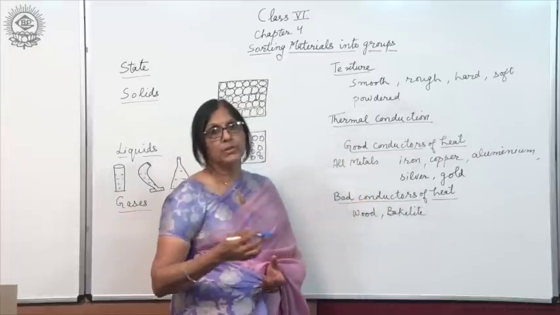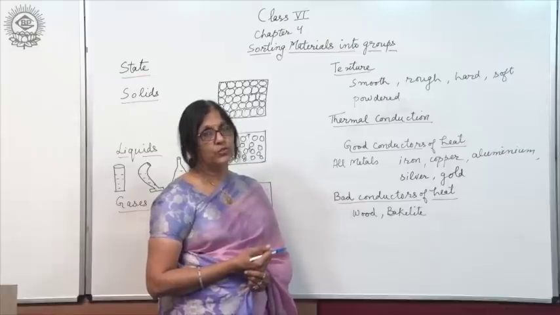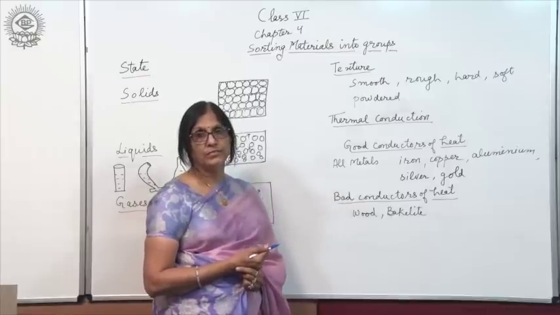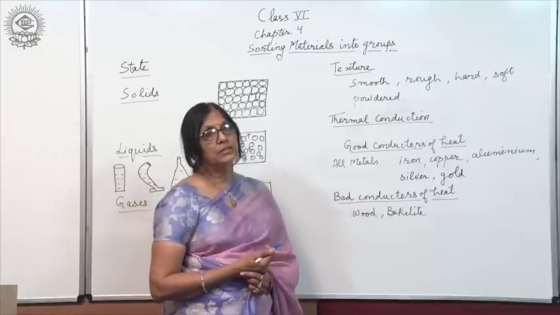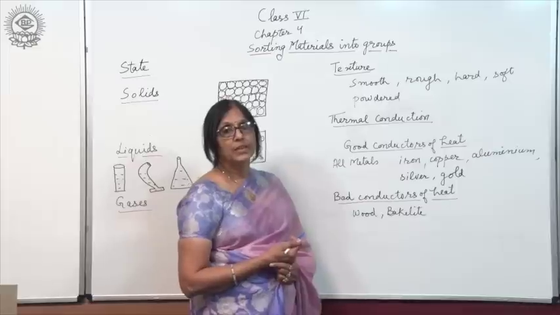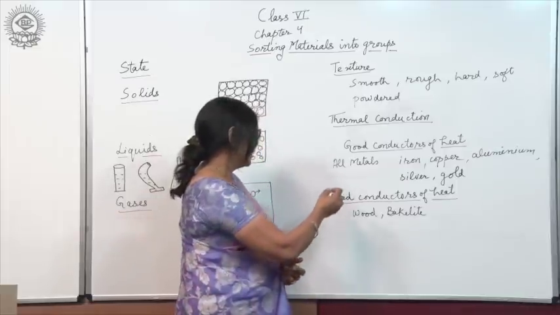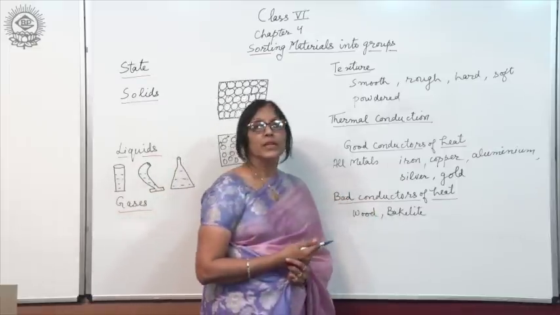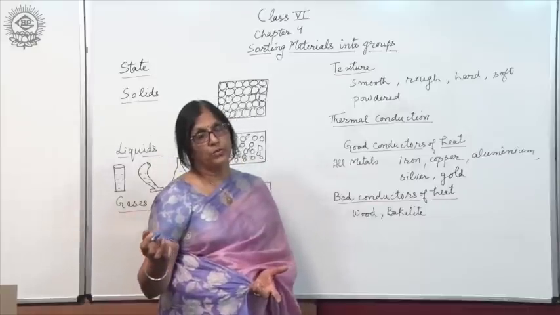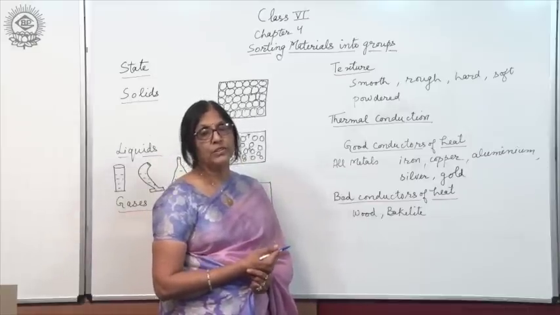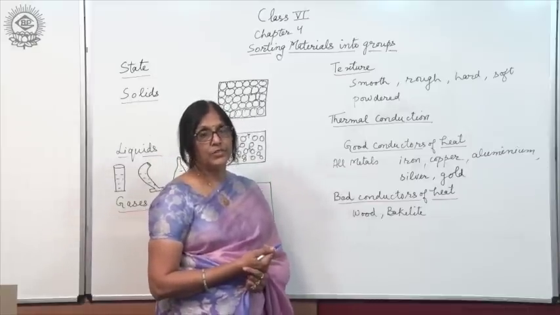Iron is mixed with some other metals and non-metals to make steel, stainless steel, which is used to make the cooking utensils. And the materials which do not allow the heat to pass through them are called bad conductors of heat, that is wood, bakelite.